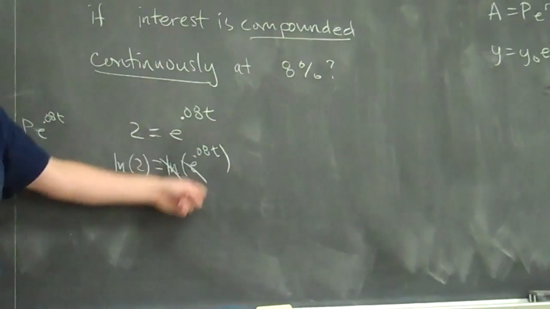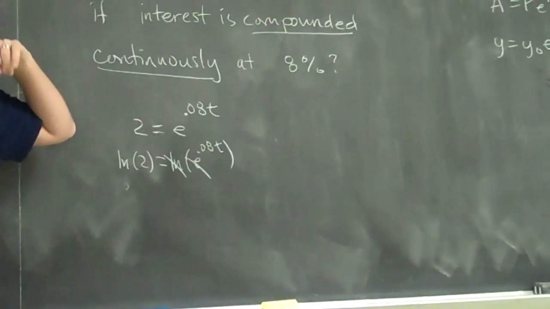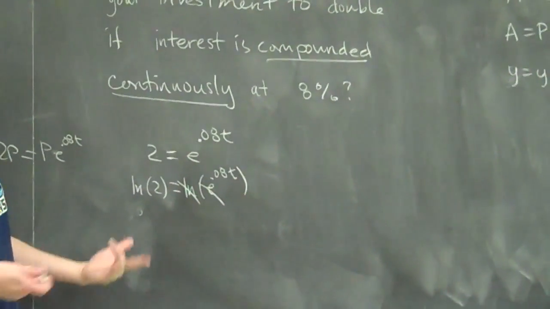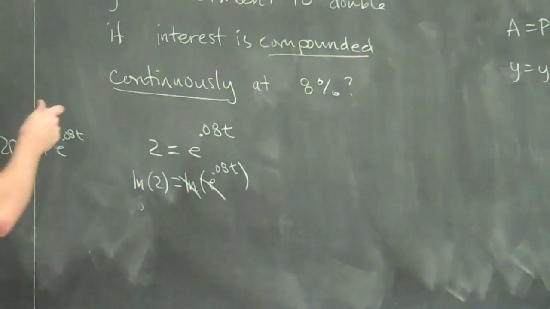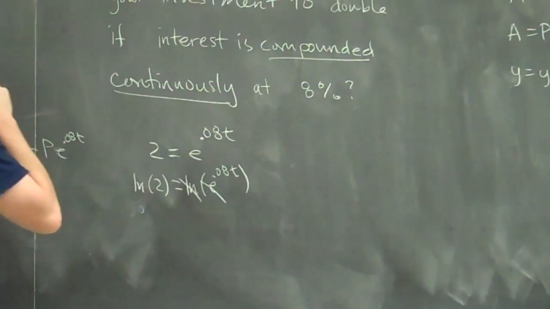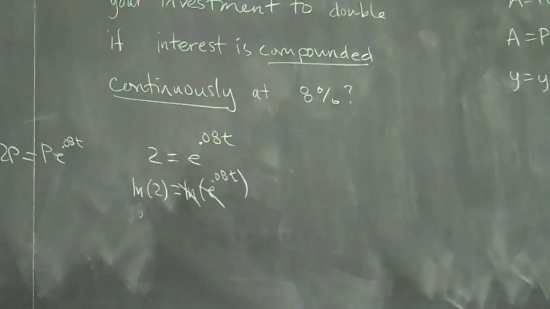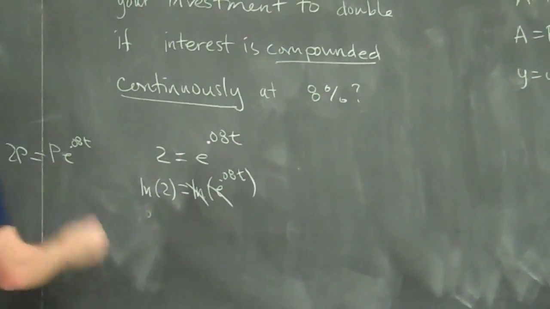I know that the natural log and the base e cancel. Remember when we asked what's the natural log of e to the 247th power? The calculator said, I don't know. But we knew it was 247. John, why does the natural log cancel e? Because the natural log is the log base e.